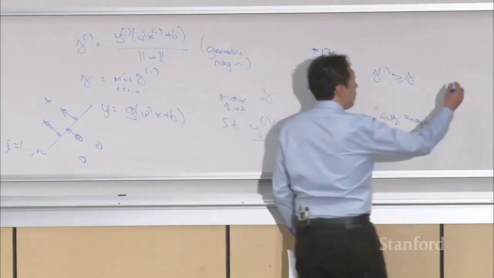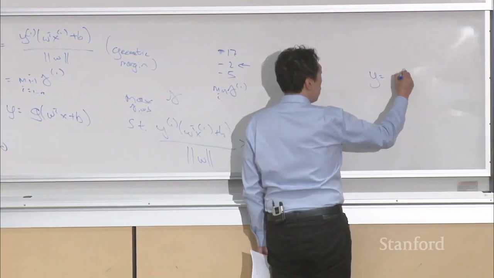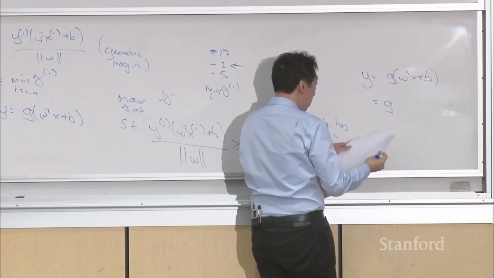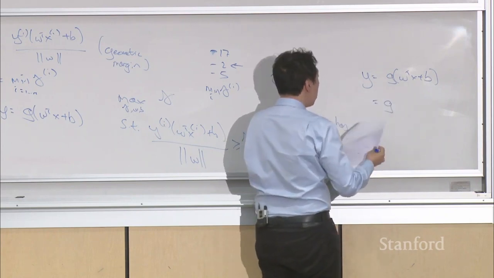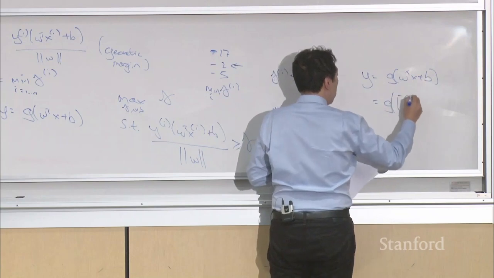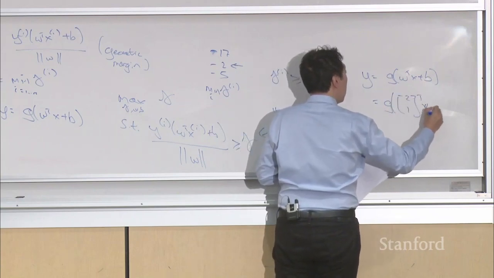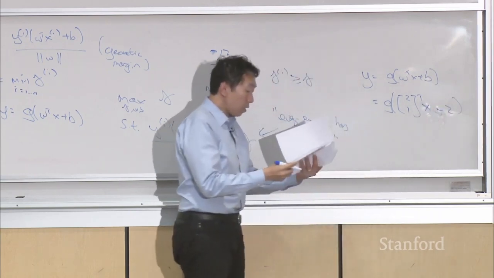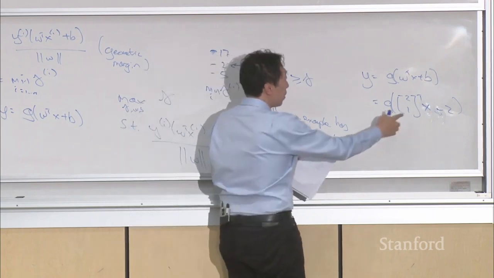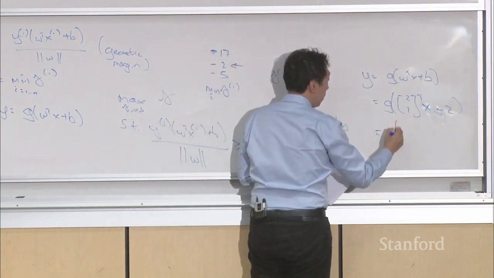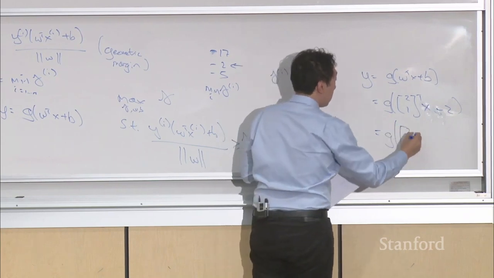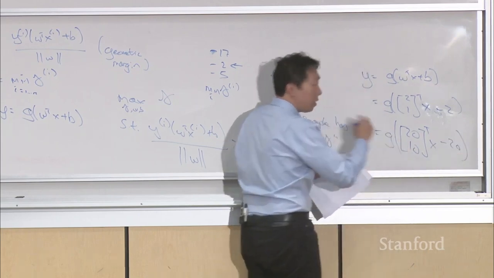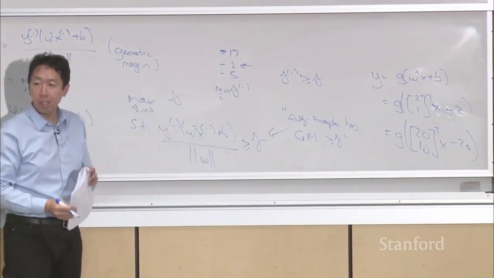So if your classifier is g of W transpose x plus b, for example, if W was the vector 2, 1, let's say that's the classifier, then you can take W and B and multiply it by any number you want. I can multiply this by 10, and this defines the same straight line, right?